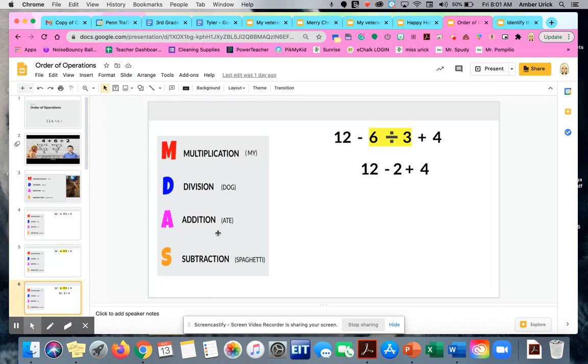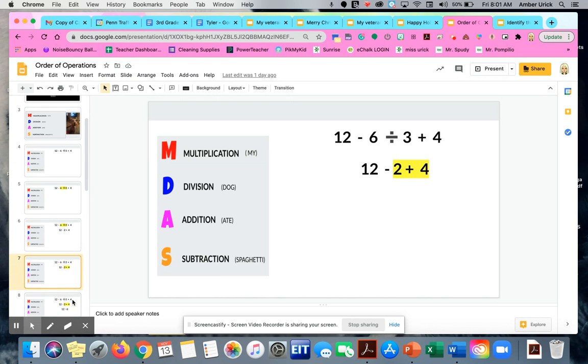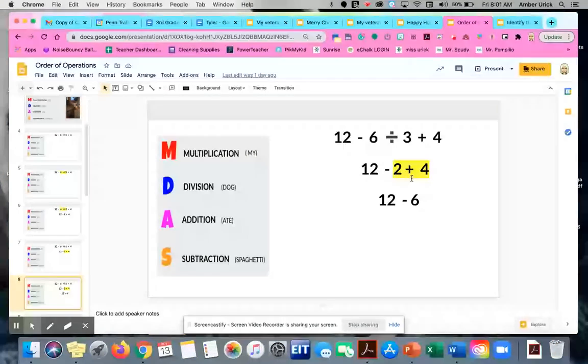I have addition here. So here I go. 2 plus 4, because in my poster it says addition. So 2 plus 4 is 6. Do you see I dropped my 6 down here? 2 plus 4 is 6.